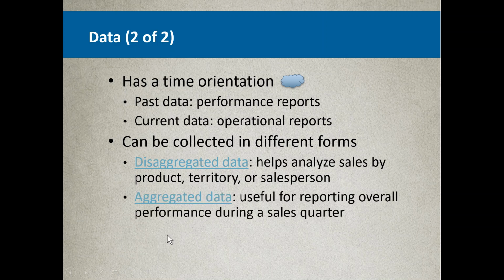Well, aggregated data is accumulated or summarized data, and it helps overall performance, like looking at an entire quarter, like the total sales for the first 3 months of the year, etc. So disaggregated data is not really summarized or collected, it's more individual, things like a product or territory or person, whereas aggregated data is more of a summary or collected or summarized data.